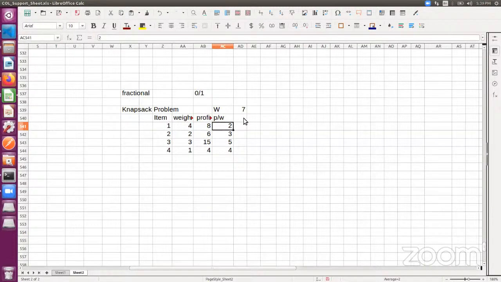Now, when will you go for P by W or W by P? It matters while doing manual calculations. If you are doing automated calculation using a computer, you can use either of these methods, P by W or W by P. It is okay. But if you're doing it manually, you'll find it easy if you have whole numbers or integers. If you find weight by profit, profit has larger numbers, so you'll get all decimal values.